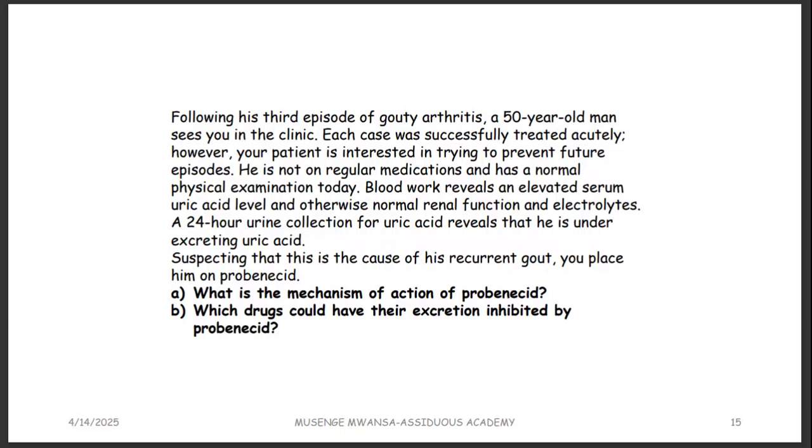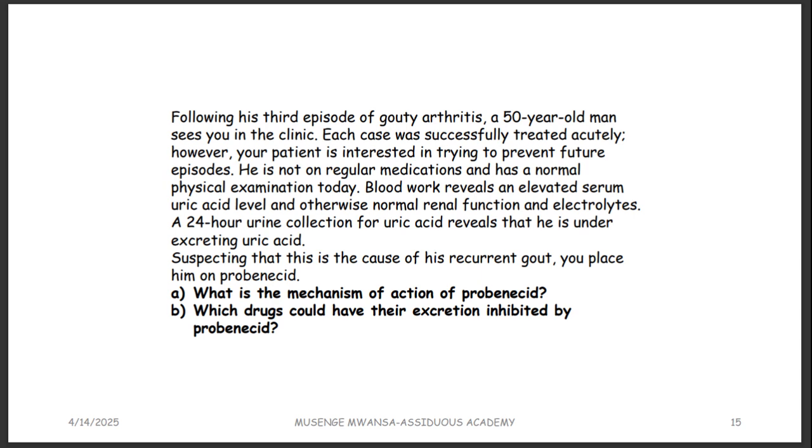So you can see a question here. Following his third episode of gout arthritis, a 50-year-old man sees you in the clinic. Each case was successfully treated acutely. However, your patient is interested in trying to prevent future episodes. He is not on regular medication and has a normal physical exam today.